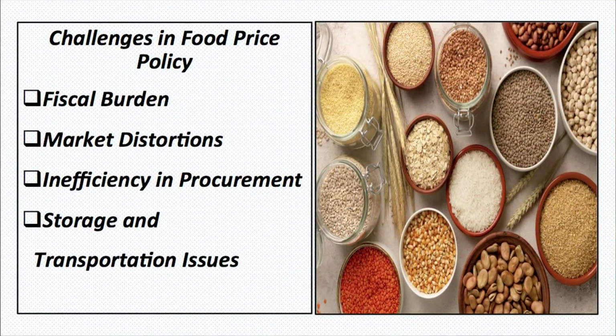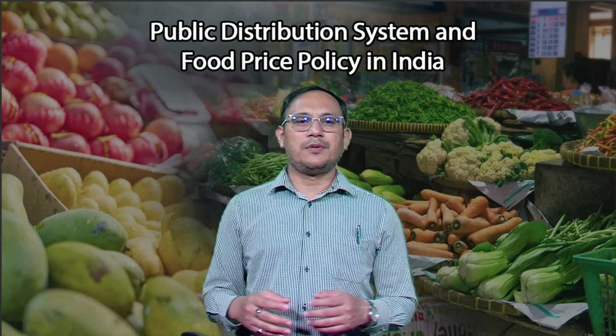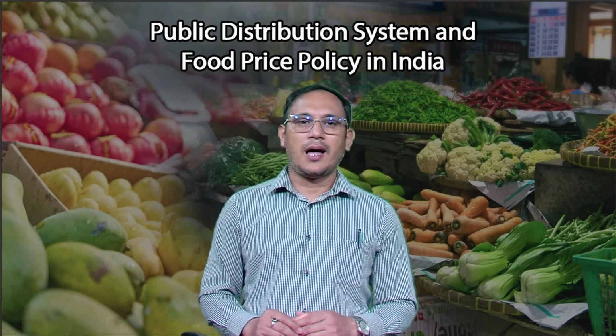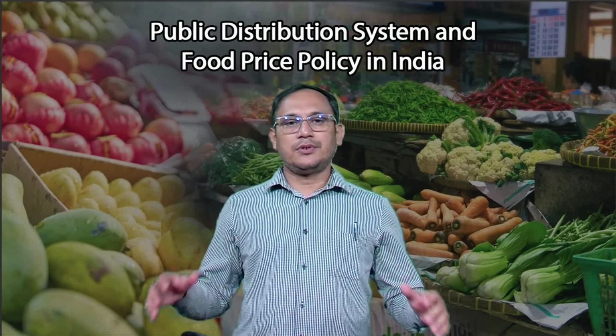Another important challenge which is hugely discussed in the literature and in the public domain is the inefficiency in procurement. Why does this inefficiency occur? Because of the unequal distribution of procurement benefit, with some states benefiting more than others.